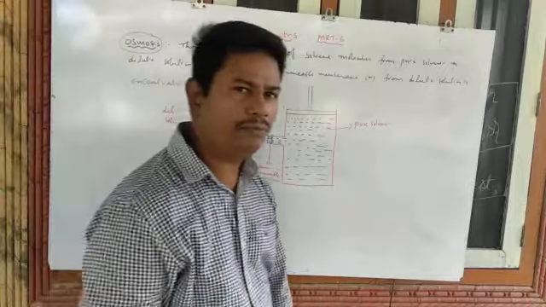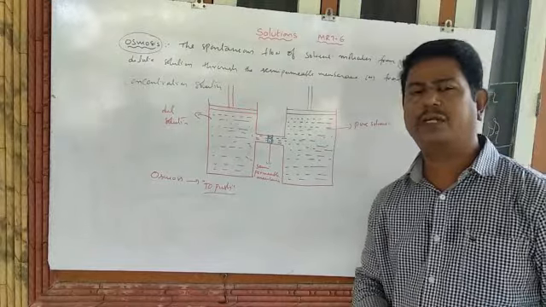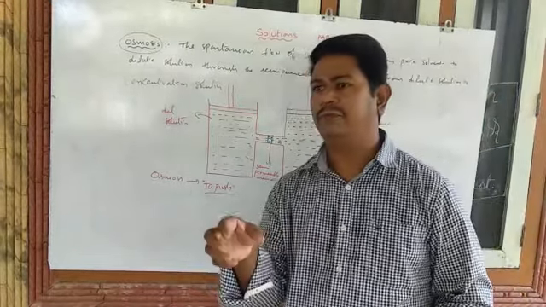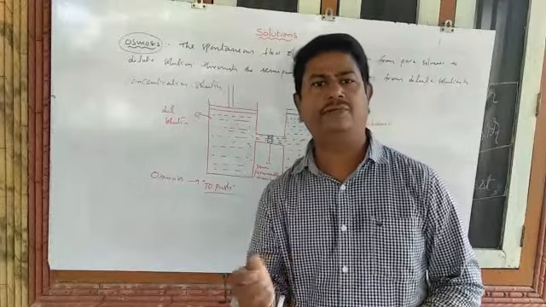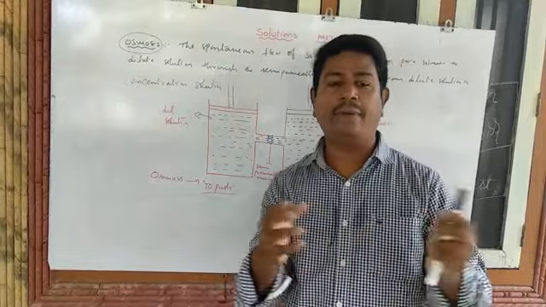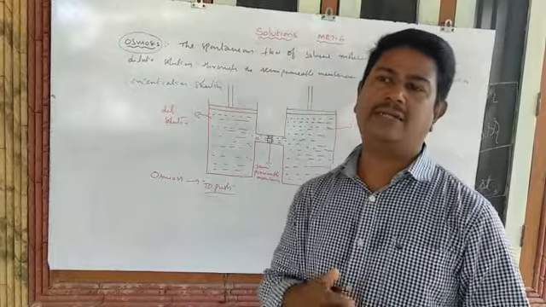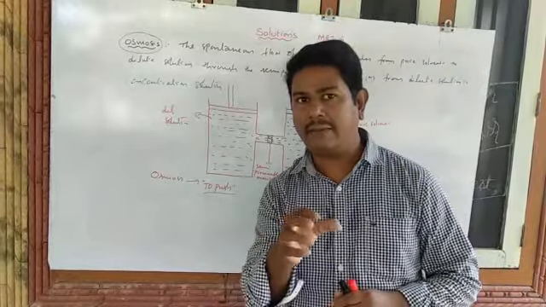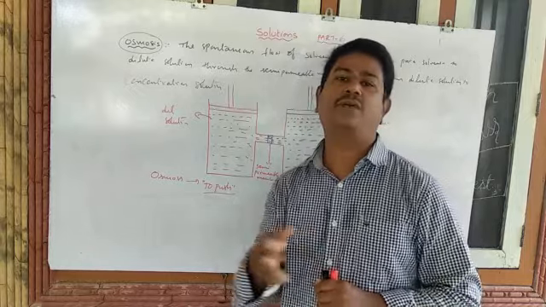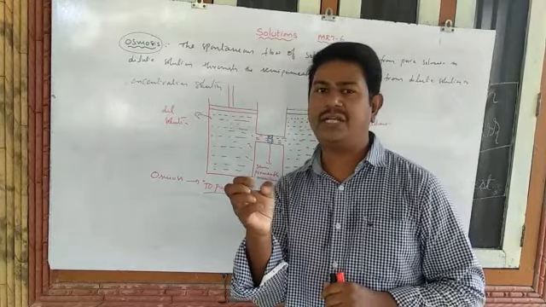Such a process is called osmosis. This happens in our daily life. Why do you keep wilted flowers in water? They open up again and appear as fresh flowers. As well, if raw mangoes are kept in saline water or in pickle, they shrink.